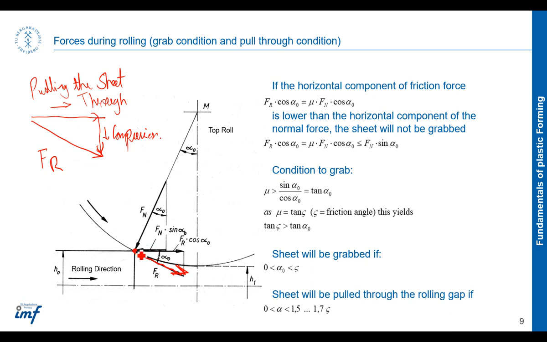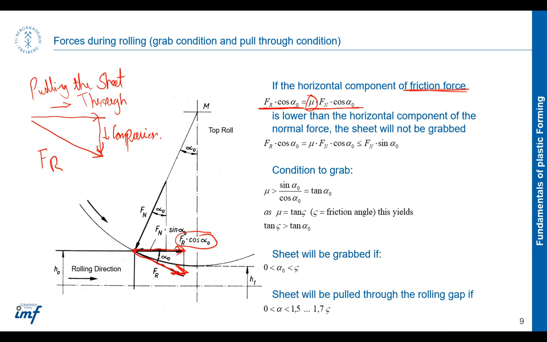And this component is stated here. And from the laws of trigonometry, we see that this component is Fr cos of alpha. And when I want to calculate it, we have a horizontal component of friction force, which we are stating as this, and it is also equal to mu Fn cos of alpha, where mu is the friction coefficient.